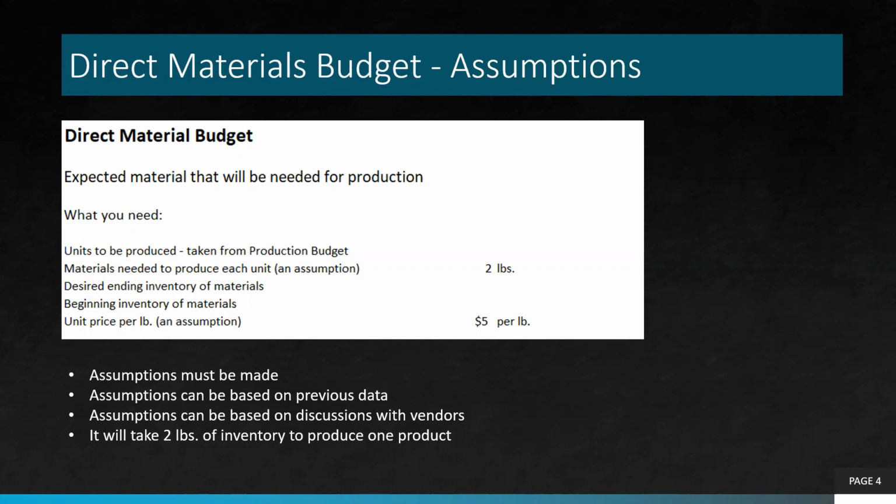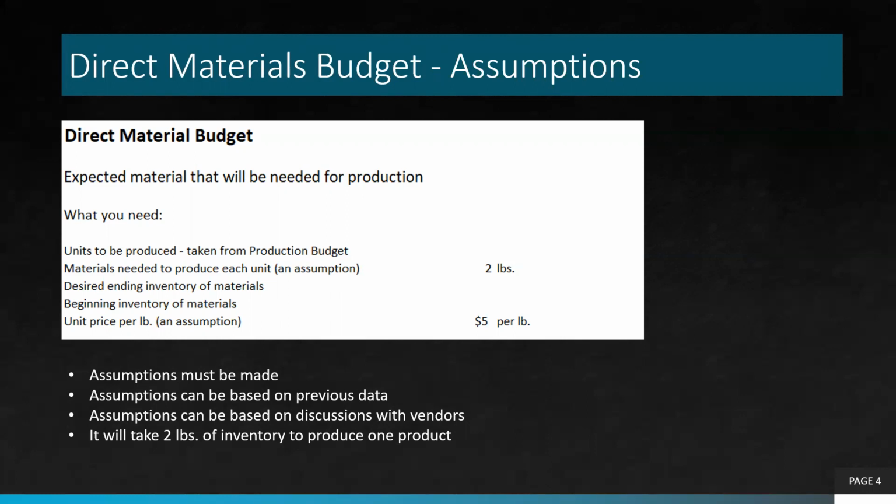For the direct materials budget, for our example, we know that the units we need to produce arrive from the production budget that we previously worked on. The materials needed to produce each unit, which is an assumption, is 2 pounds. So let's say we make books, and in order to produce those books, we need 2 pounds of paper.